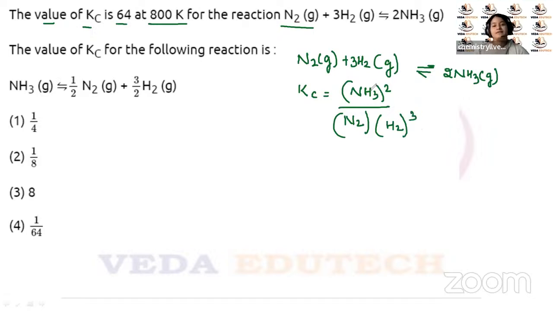Okay. So this is going to be your Kc. Now this is given to us as 64.